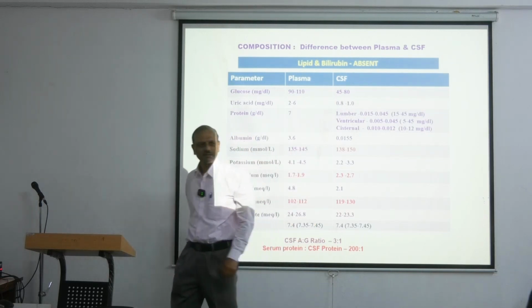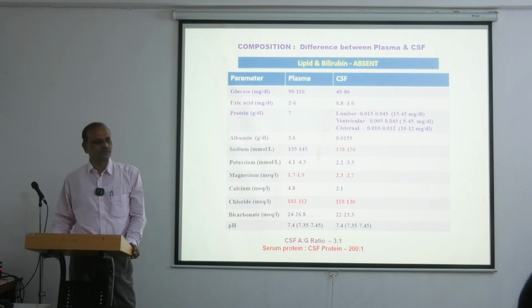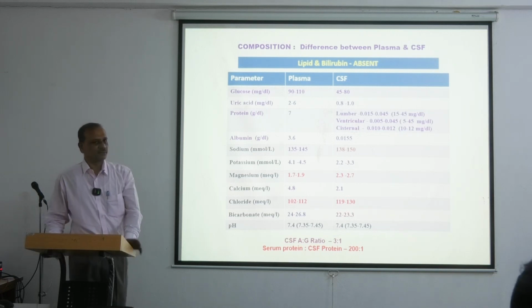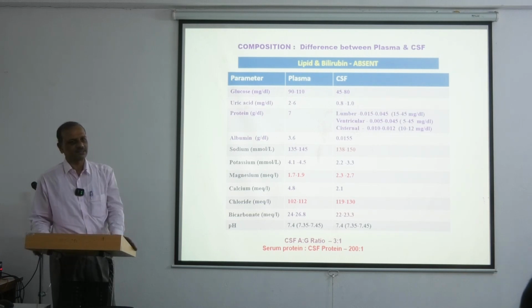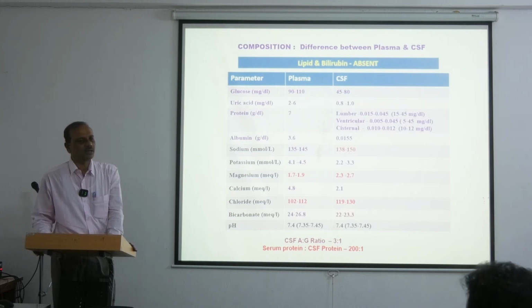So average is 60%. So CSF glucose level is usually 60% of plasma. But remember, it doesn't occur simultaneously. It takes about 3 to 4 hours, even several hours, to equilibrate between the blood plasma and the CSF level.